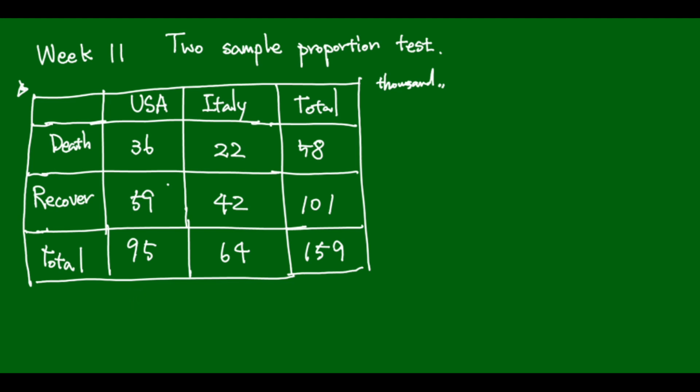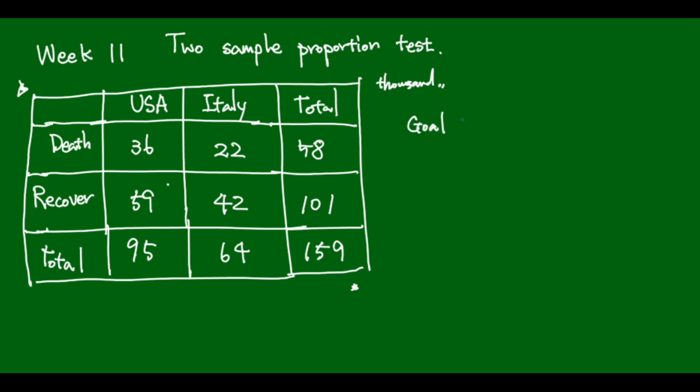For Italy, we have 22,000 deaths and 42,000 people who have recovered from COVID-19, so we have 64,000 observations from Italy. The total number of observations here is 159,000.